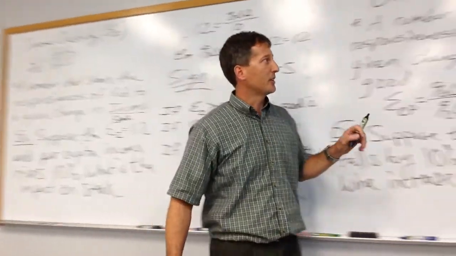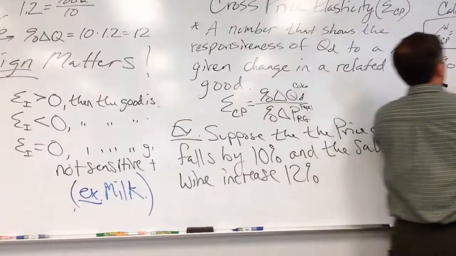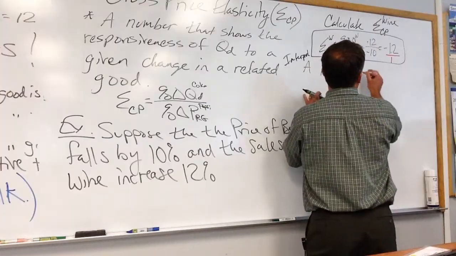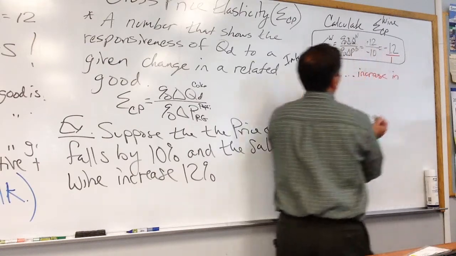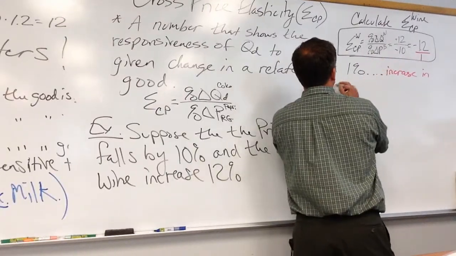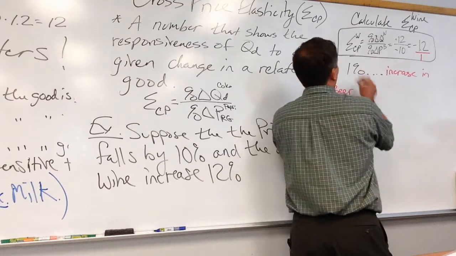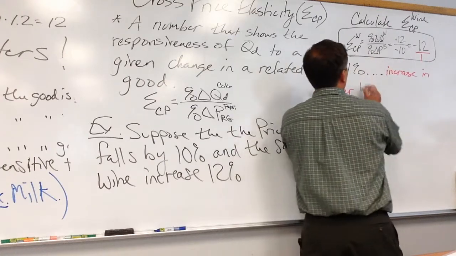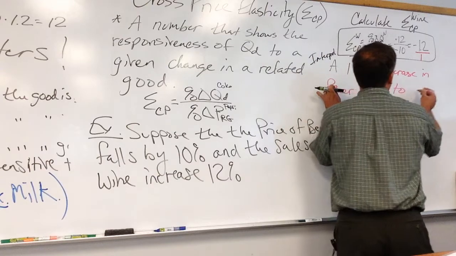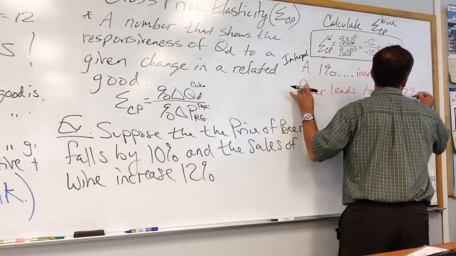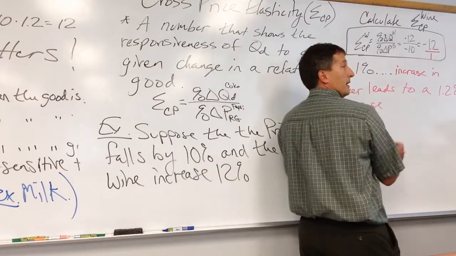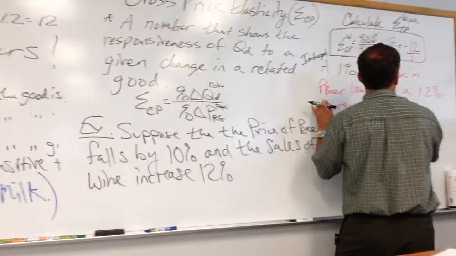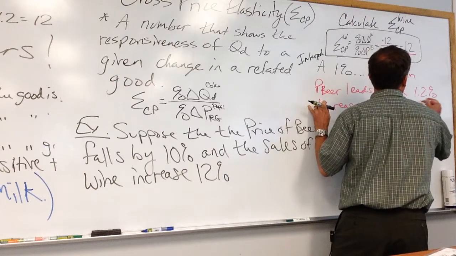Look at your definition here. A 1% increase in what? The price of beer. A 1% increase in the price of beer leads to a 1.2% decrease, because of the negative sign, in the quantity of wine.